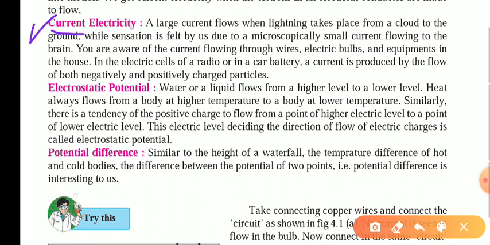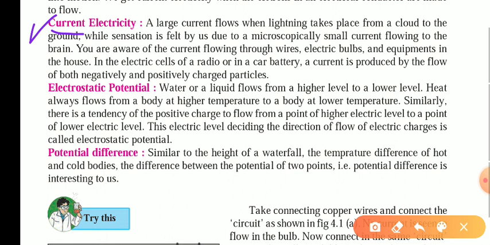So this word current means only a flow of something. When it's combined with electricity, it brings the concept of a flow of electrical charges, because electricity is nothing but the energy stored on electrical charges. It may be negatively charged electrons or positively charged protons.